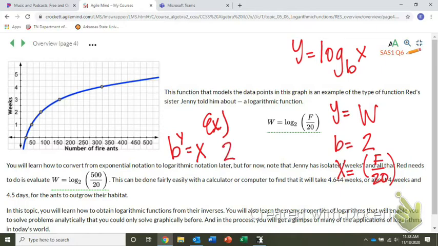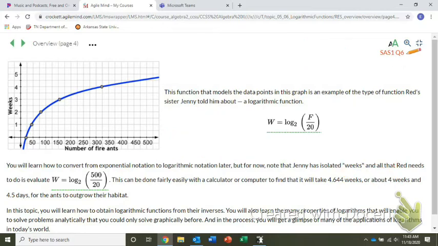What's going to be our y? W equals f over 20. So you just changed an equation from a logarithm to an exponential. Okay?